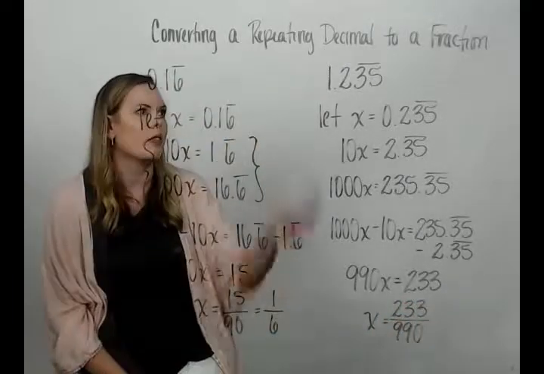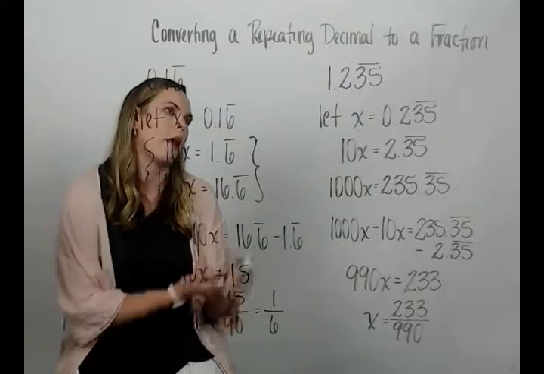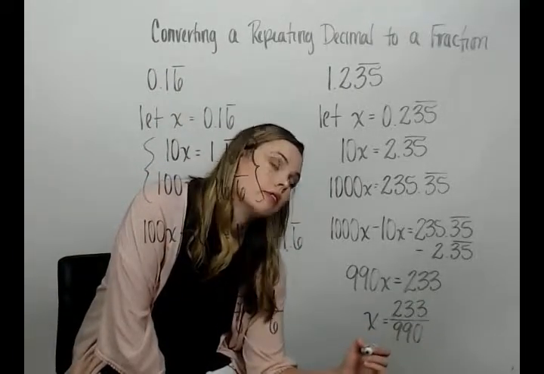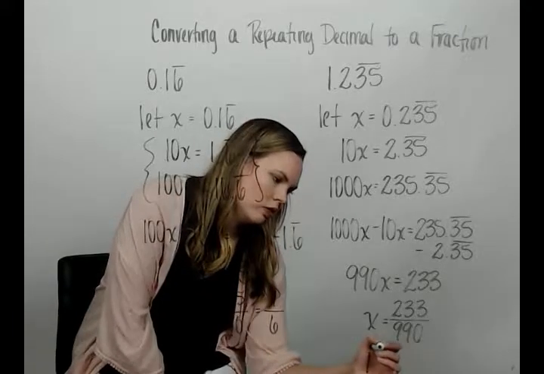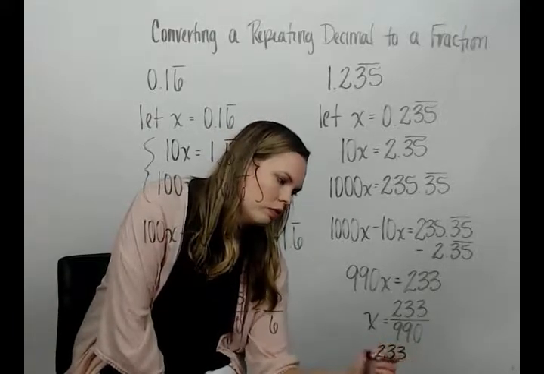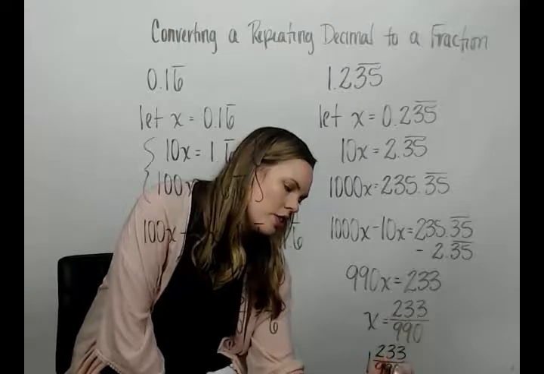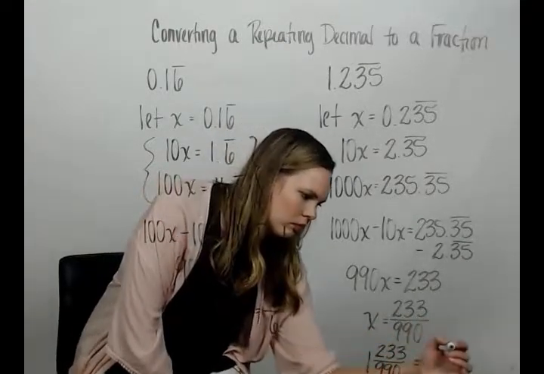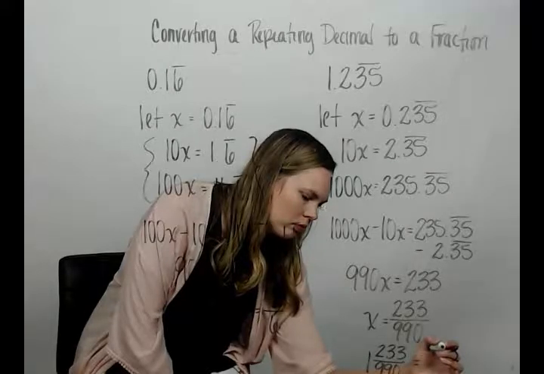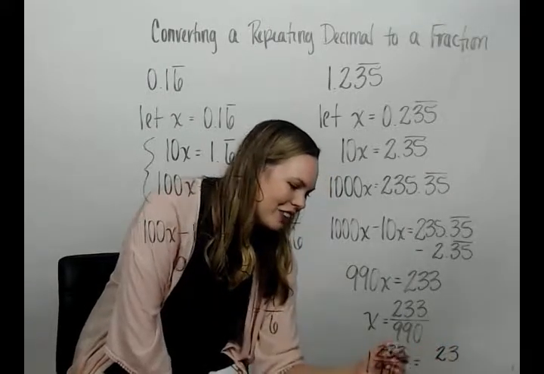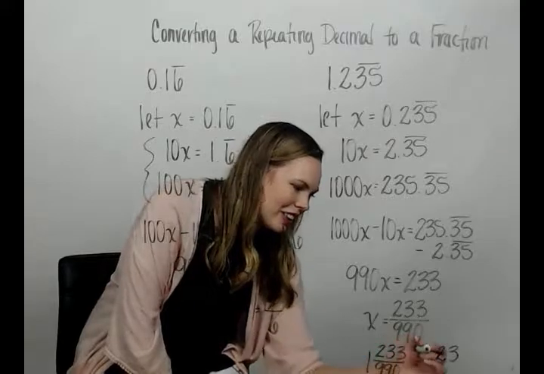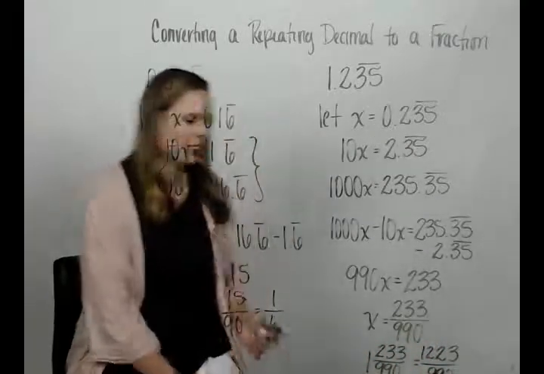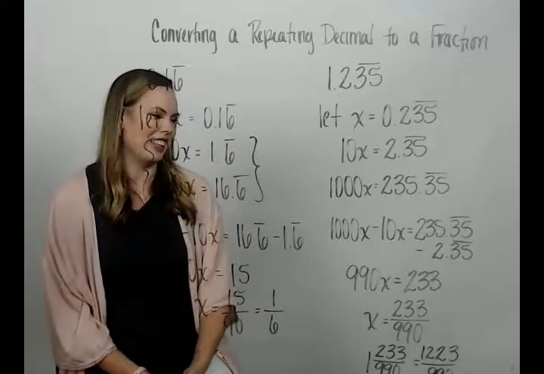All right, and then we'll add in our whole number part. This doesn't reduce. And change it to an improper fraction. Just adding 12. All right. And that is that one.